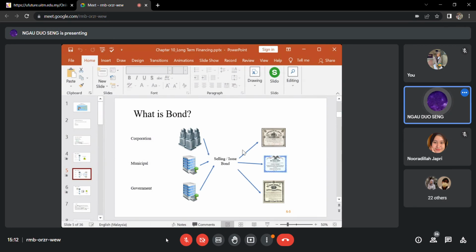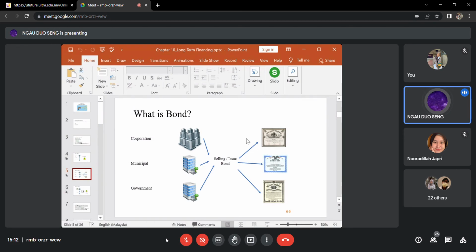Right, dulu sebelum kita ada internet, kita ada website, right? So dia akan bagi satu sijil. Sijil, design sijil adalah bergantung kepada syarikat atau kerajaan yang jual.